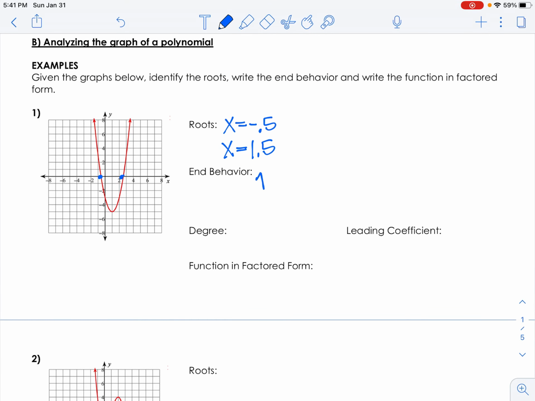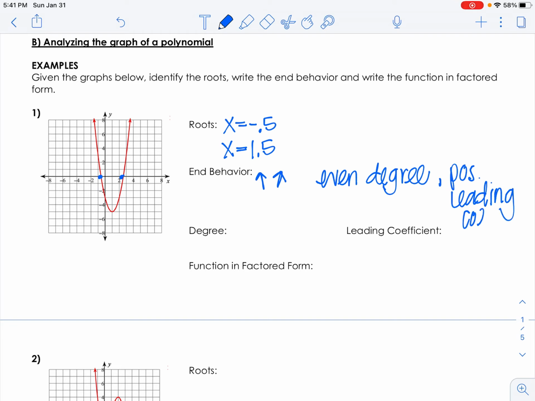Okay, now because our end behavior goes up, we must have an even degree, and a positive leading coefficient. Okay, so our degree is even, leading coefficient is positive.